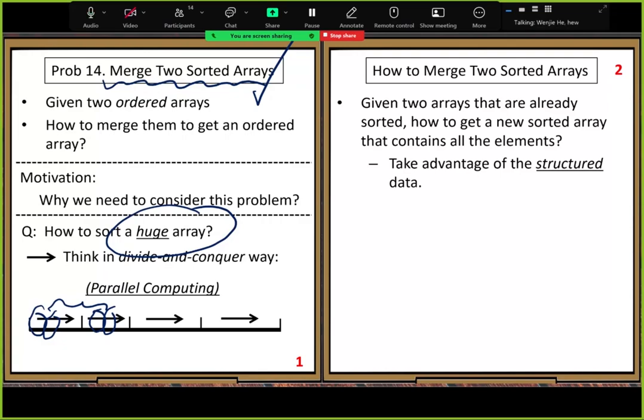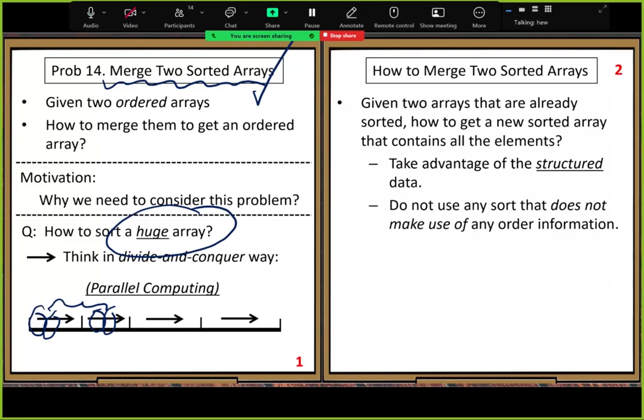Let's recall, at this point we have learned 3 sorts: selection sort, bubble sort, insertion sort. We want to see if we can borrow some idea from these sorts. Which one could be used to solve the current problem?